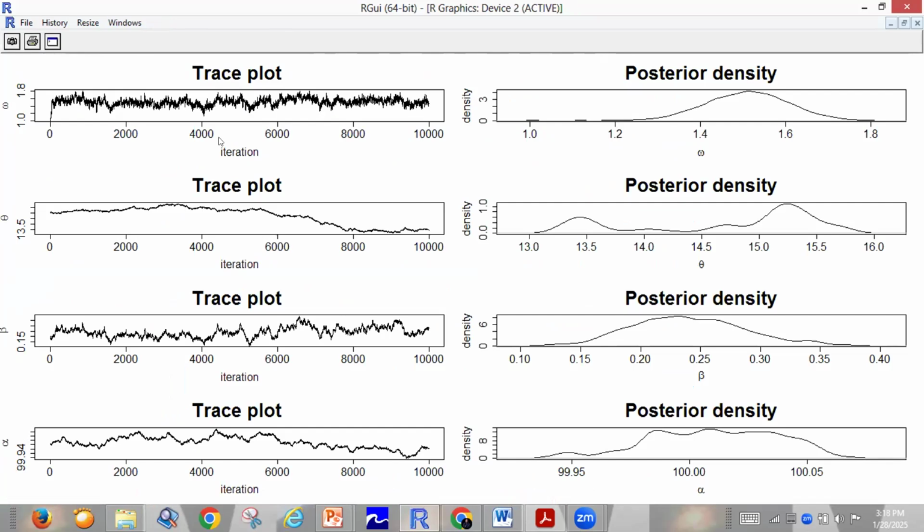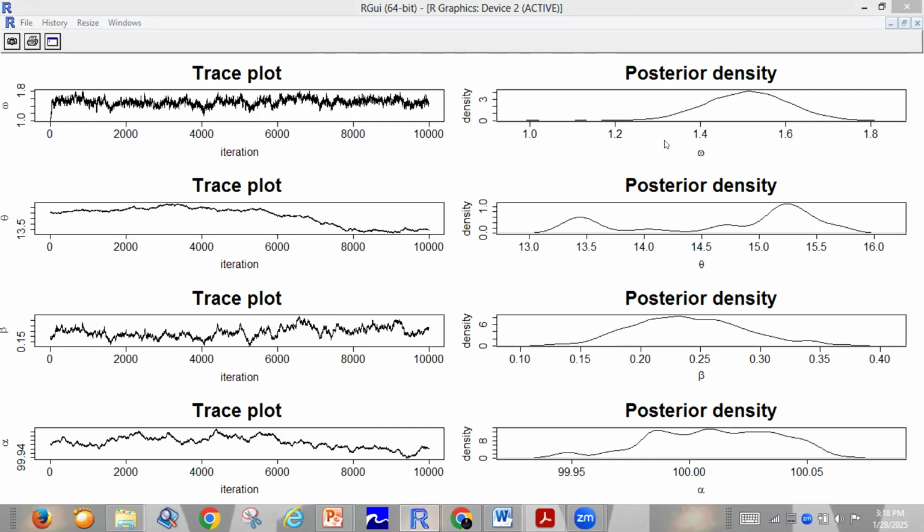Based on the posterior density plot, we will try to find the parameters by using the median of each parameter.